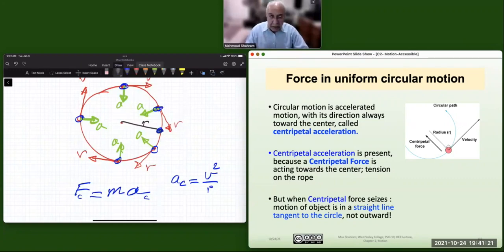I know the velocity at that instant is tangent. Remember inertia: something that's moving wants to move in the same direction. So as soon as this cord is cut, this object is going to start moving in the direction of that velocity, tangent to the path. It's not going to fly outward, contrary to some common misconception. This is a subtle point.